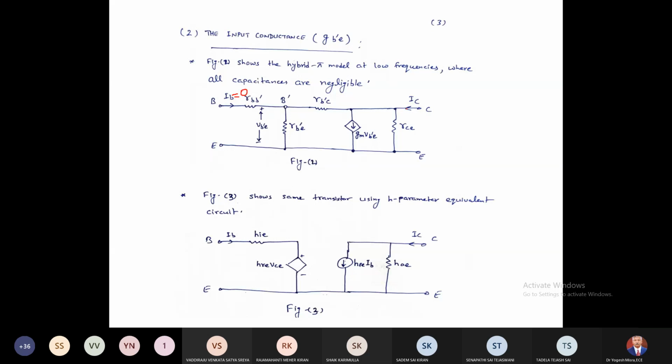Then IC, see, some current is coming here. I call it I1. This is my I2. And this is my I3, which is flowing like this, right? So IC, and here we have this voltage VCE.